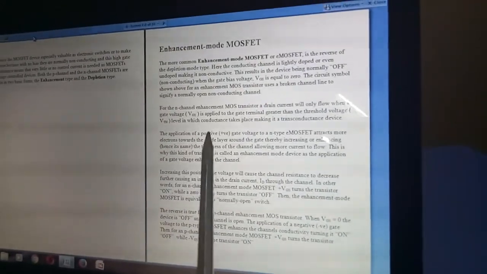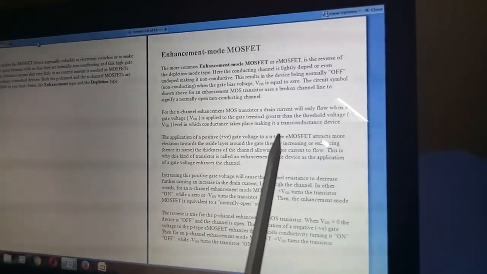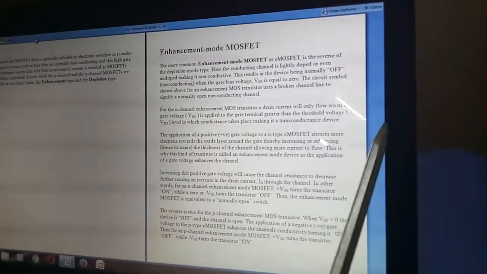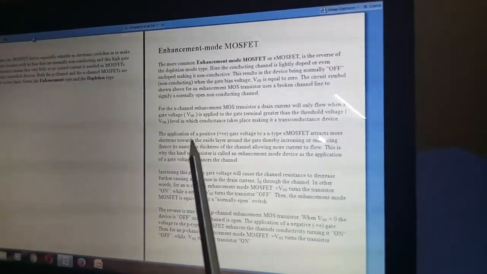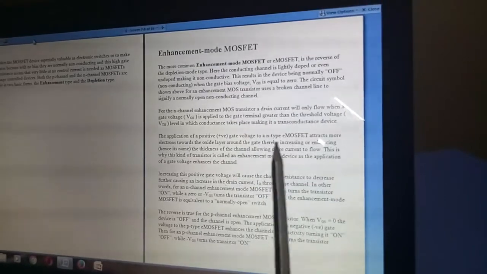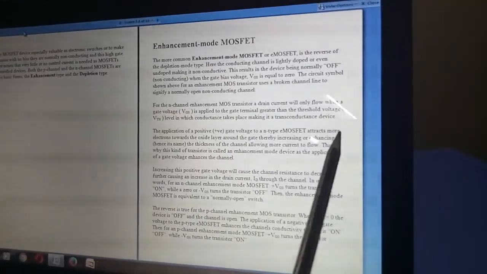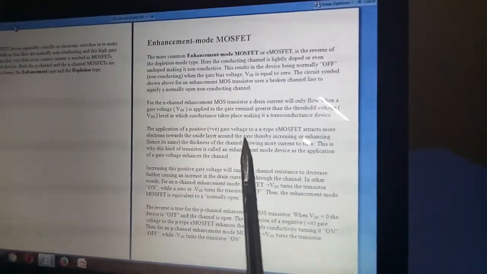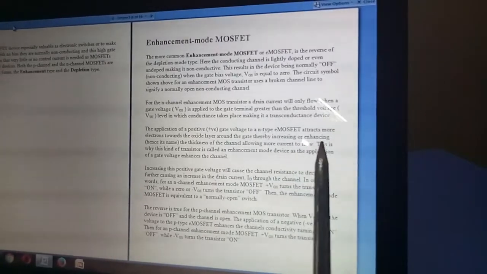The application of a positive gate voltage to an N-type MOSFET attracts more electrons towards the oxide layer around the gate, thereby increasing or enhancing the thickness of the channel, allowing more current to flow.